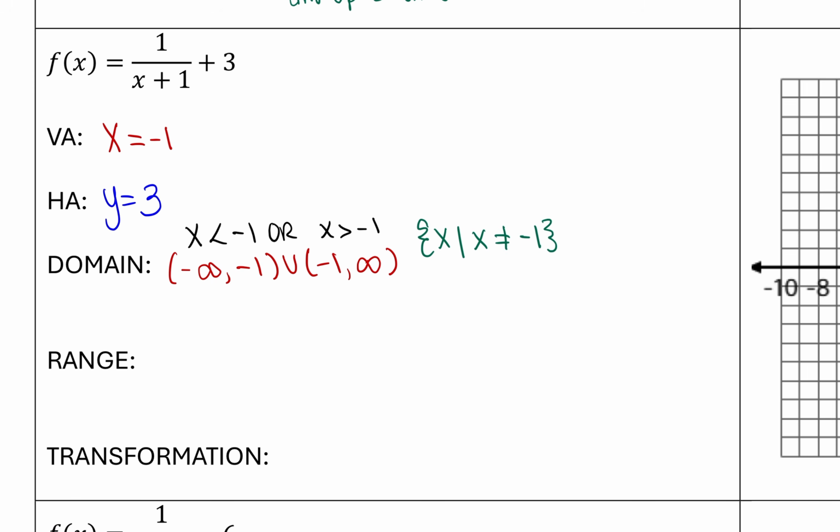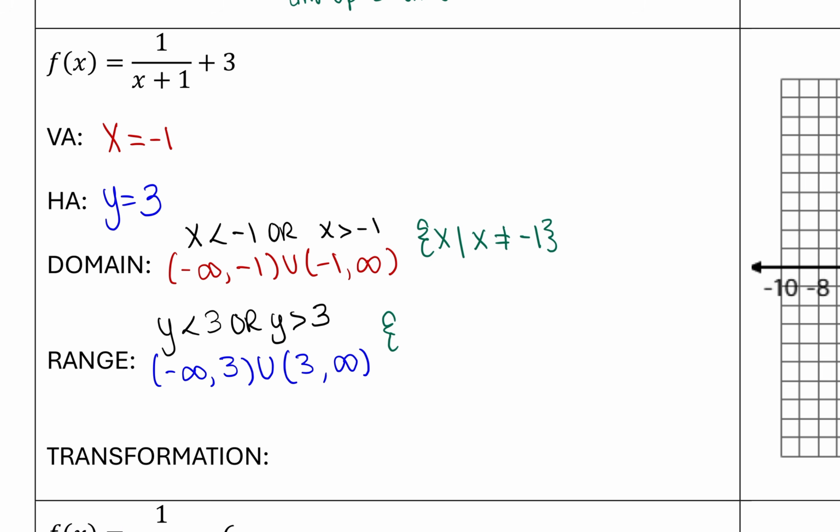For the range, we have the inequality notation, y is less than 3 or y is greater than 3. We also have the interval notation from negative infinity to positive 3. Union, and from positive 3 to positive infinity. We have the set notation to be the set of all y values in which y cannot be equal to 3.